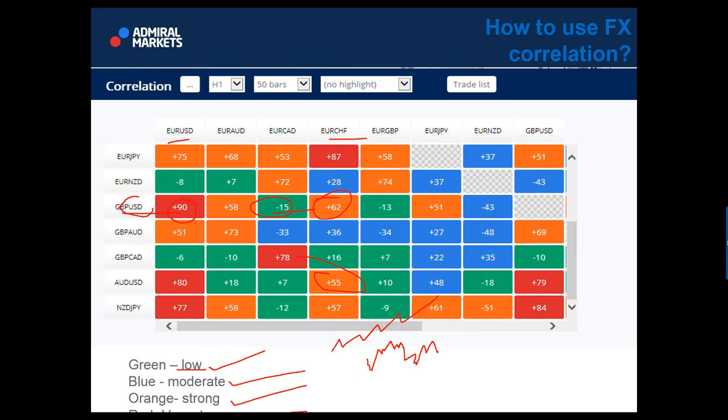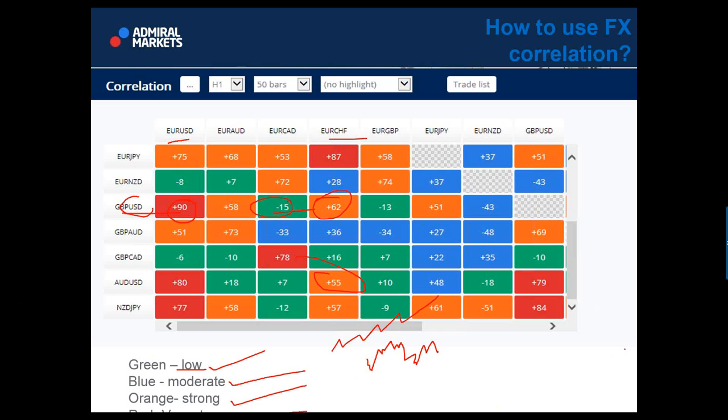So basically it tends to be balanced out. It doesn't necessarily mean that the pairs will go in the same or opposite direction, and that is particularly good, because then you can also take some trades. And be sure to monitor your trades when you see correlation with blue quadrants.